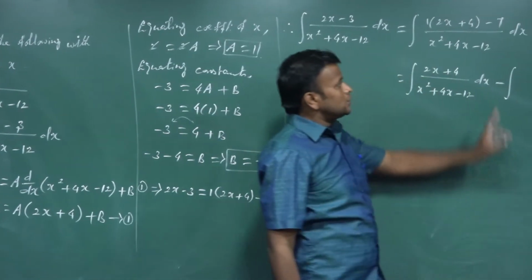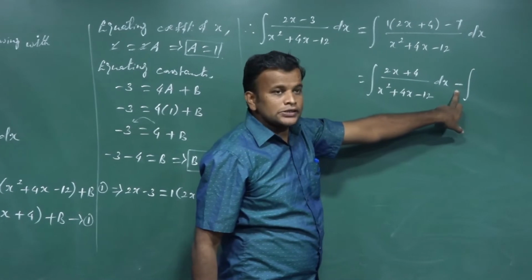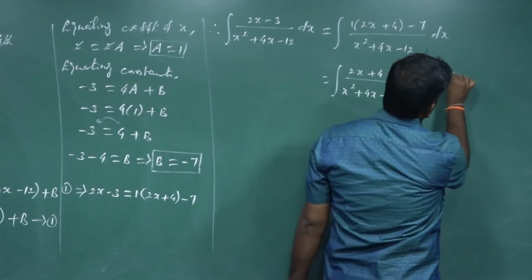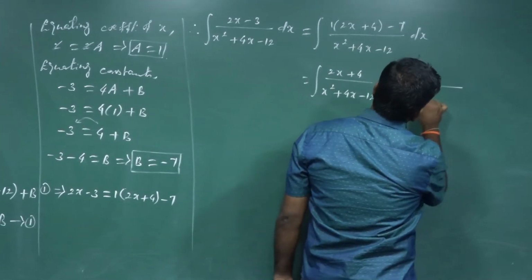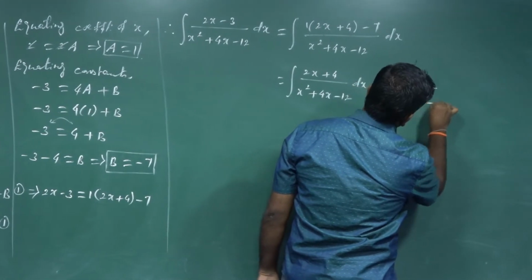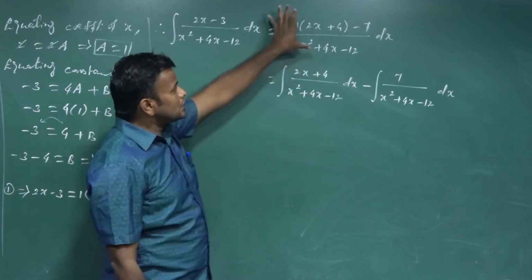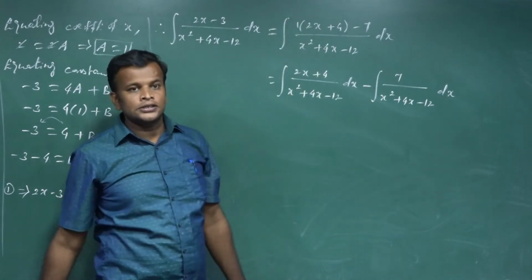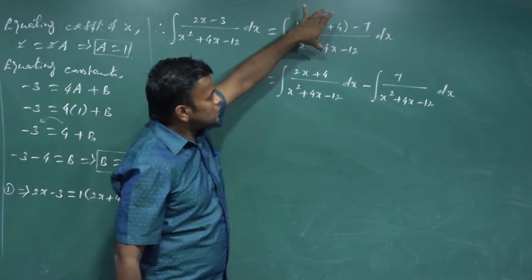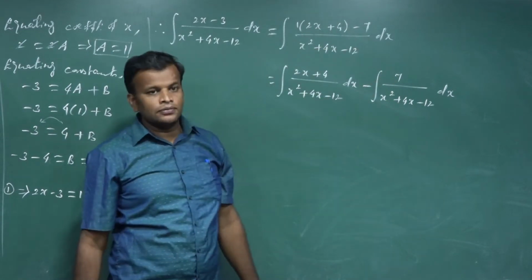The second term, I will take outside minus 7 divided by x square plus 4x minus 12 into dx. The single integration I split into two integrations.